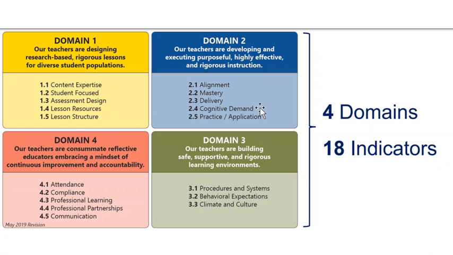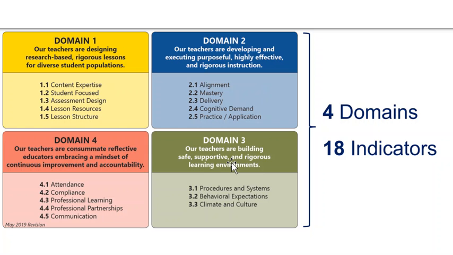And domains 2 and 3 are going to be basically everything inside the classroom. All right, and we can look at an example here in just a moment. But domain 2 is essentially going to be, how are you as a teacher? How are your students performing? What level of mastery are they demonstrating? What's the level of rigor in your classroom? And domain 3 is going to be more so your systems in the class.